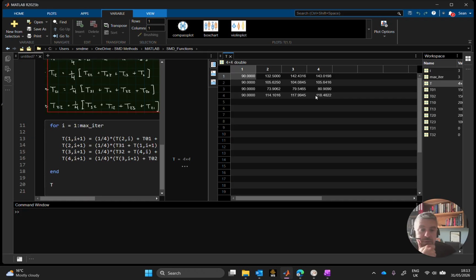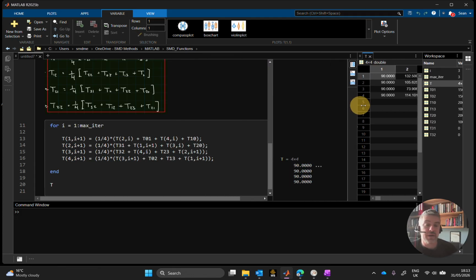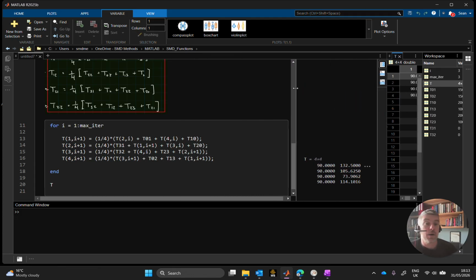Looks pretty good. They're converging an awful lot faster, which would be expected because our initial guesses are much closer to the final values.